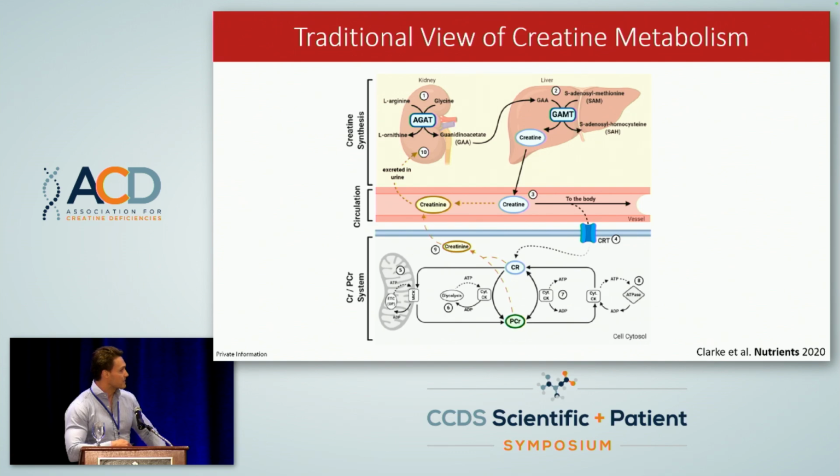And then once these two organs were thought to perform this synthetic pathway, the product, creatine, was exported to the rest of the body and used for powering the cellular ATP cycle, the phosphagen system, by being reversibly phosphorylated by creatine kinases. In order to get into the cell, it had to be transported across the membrane by creatine transporter 1, which is encoded by SLC6A8.